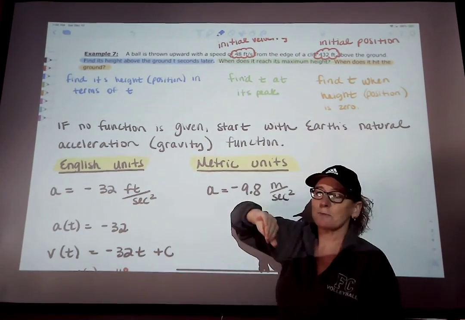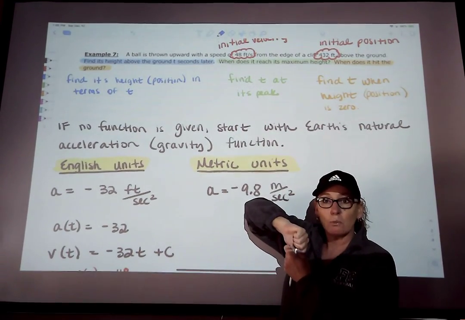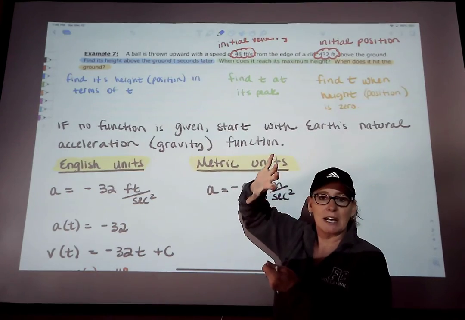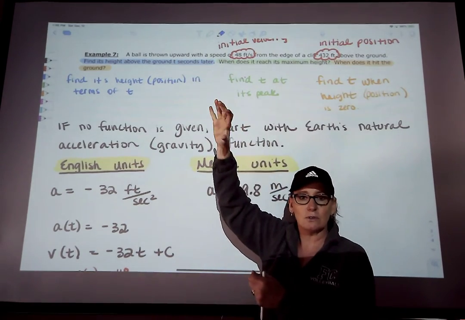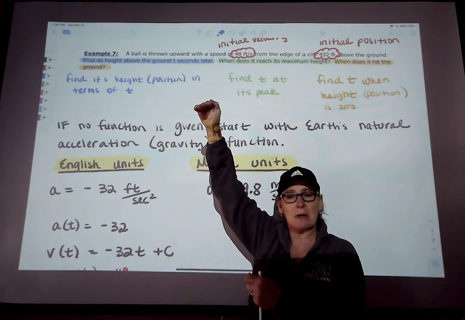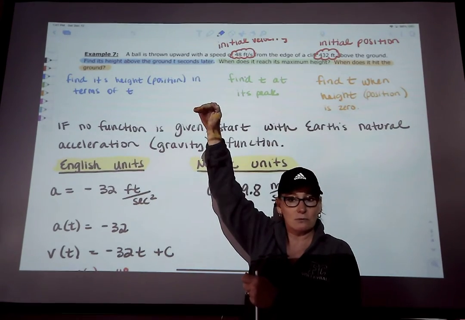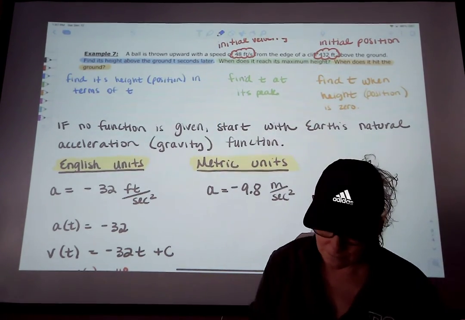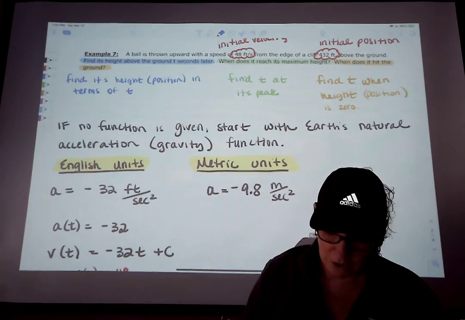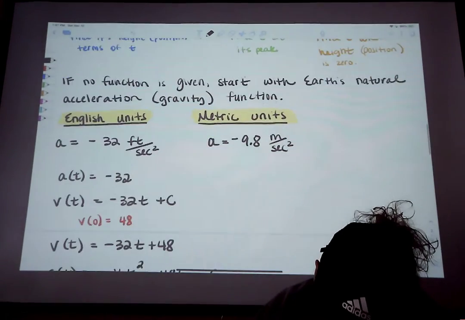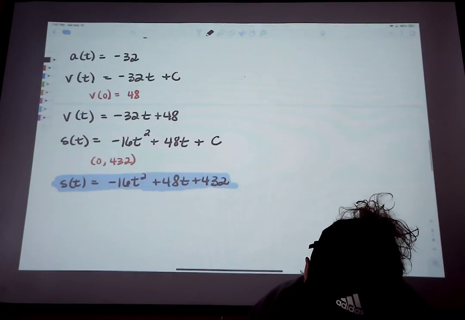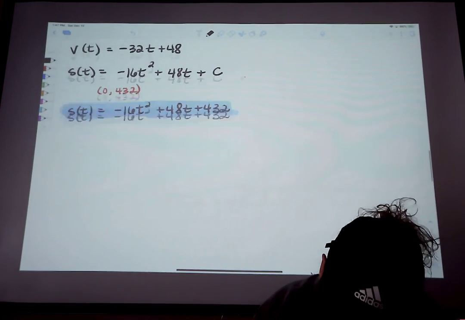Or, when it reaches its maximum height, so it was thrown upward at a speed of 48, slows, slows, slows, slows. When it reaches its peak, its velocity was 0. I like that one. I'm going to find when the velocity was 0. So let's see, I'll just keep going. No, I'm going to come up here.